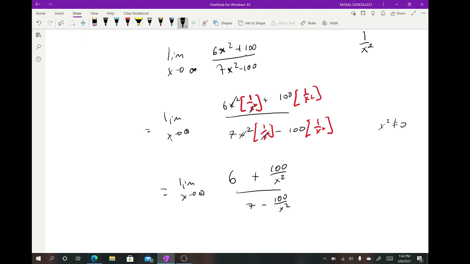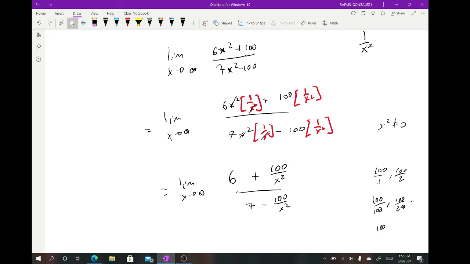Now we know how to deal with this type of limit. How do we know this? Well, notice that this is a constant in the top, so that number is staying the same. This 100 is staying the same, but the bottom is getting bigger and bigger. At first it's 100 over 1, then 100 over 2, then eventually 100 over 100, then 100 over 200, and so on.